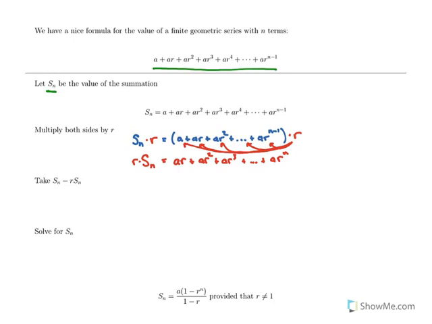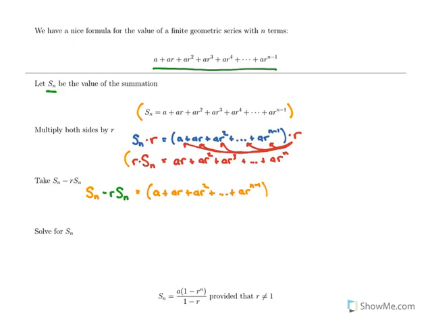The next thing we're going to do is take S sub n, what we have in our first thing there, and we're going to subtract R times Sn. So Sn minus R times Sn is going to be equal to A plus AR plus AR squared all the way to AR to the n minus 1.